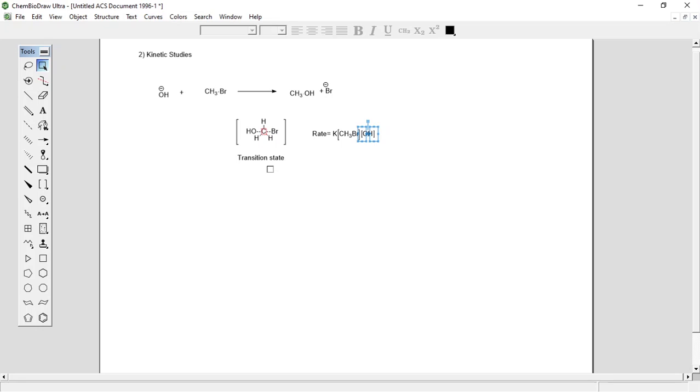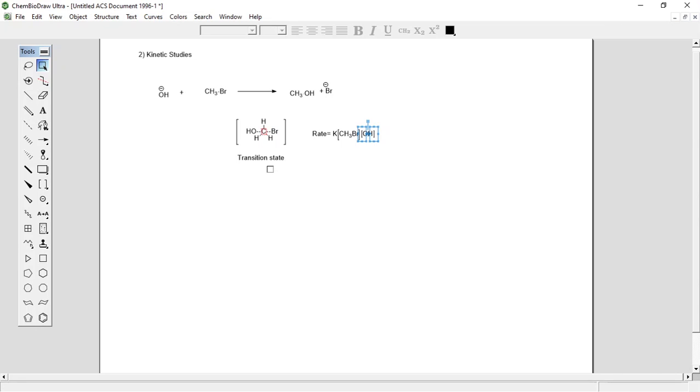Now let's take another example of kinetic studies, that is alkaline hydrolysis of a tertiary alkyl halide. In the hydrolysis of a tertiary alkyl halide, the rate of reaction depends only on the concentration of the tertiary alkyl halide, and it is independent of the concentration of nucleophile.